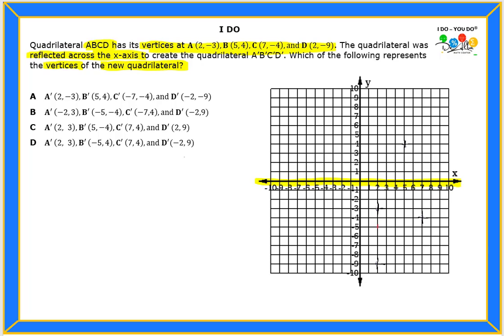My first coordinate is A, (2, -3). So this is 2 and -3 right here.